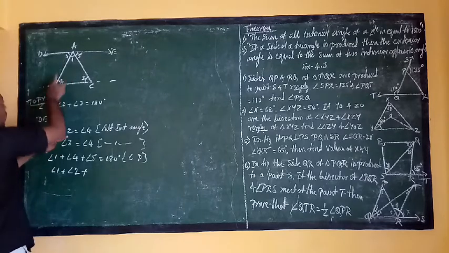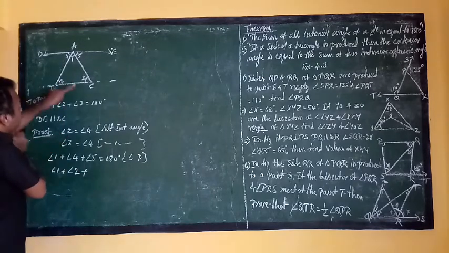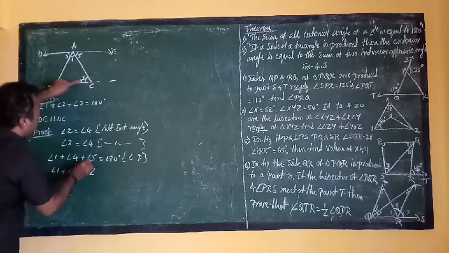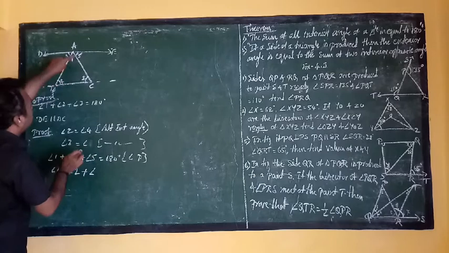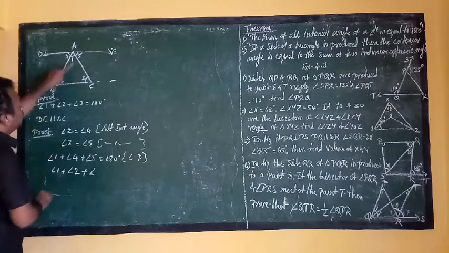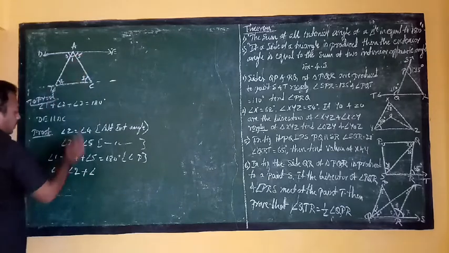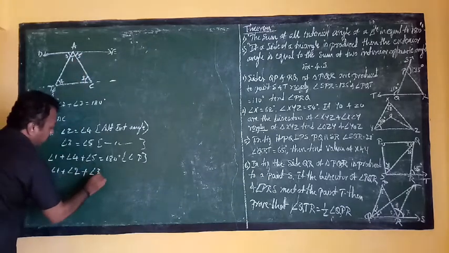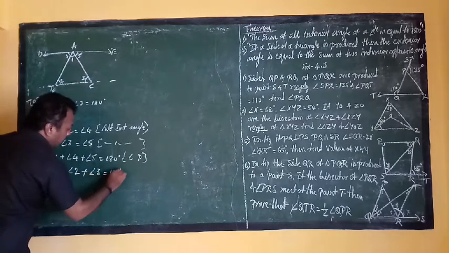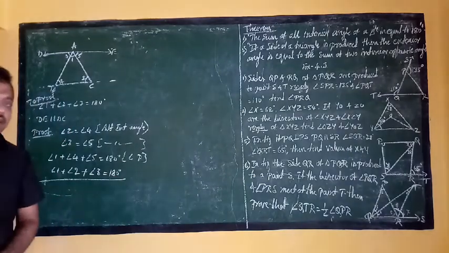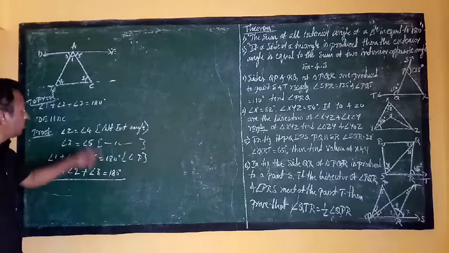Angle 4 instead of angle 2 I will write, and angle 5 instead of angle 3. Correct? So this is 5 and this is 3. Sorry. Now angle 5 is equal to angle 3, so I will write angle 3, equal to 180 degrees. So now our proof is correct. Angle 1 plus angle 2 plus angle 3 is equal to 180 degrees.